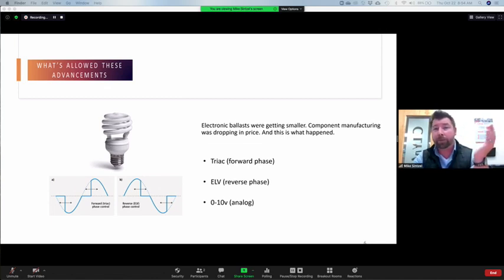So a lot more manufacturers, progressive ones, are providing these drivers that are universal. How well they work and how well they dim is another story altogether, and that's an issue that we see as it comes to starting up these systems, how they dim, the different dimming types. And we'll touch on that a little bit, I think.